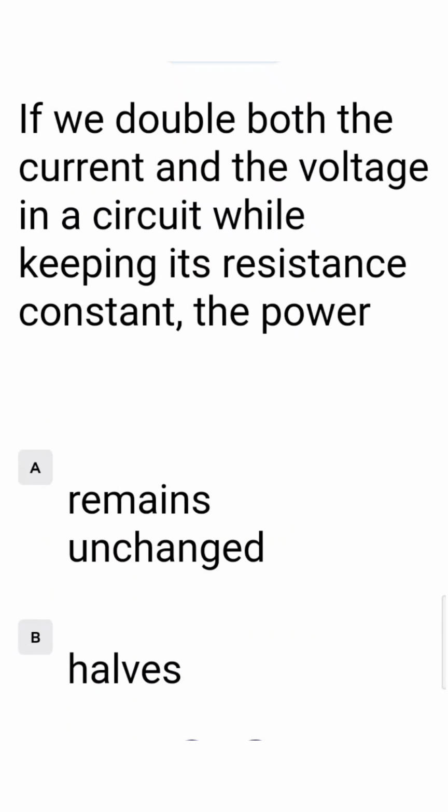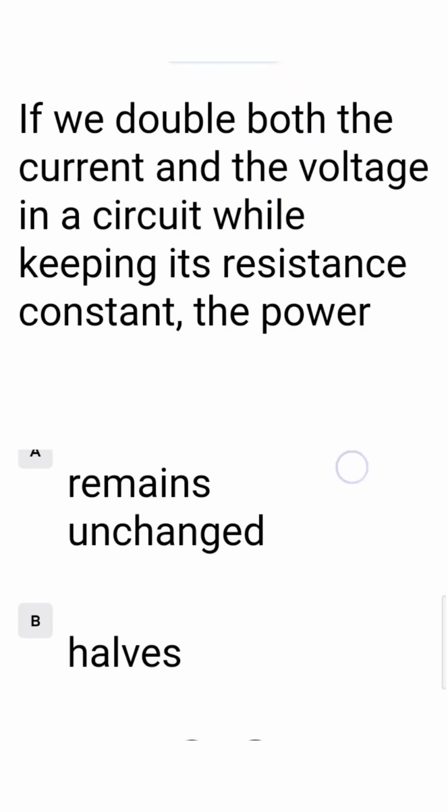If we double both the current and the voltage in a circuit while keeping its resistance constant, the power becomes 2V multiplied by 2I, 4 times.